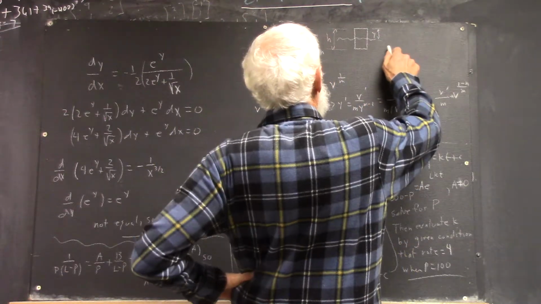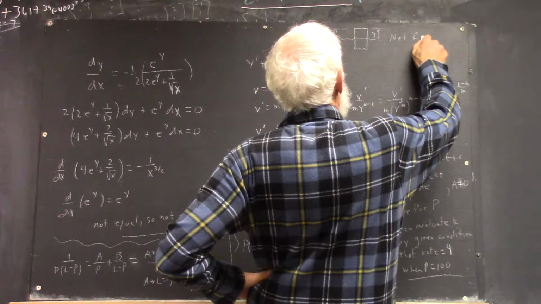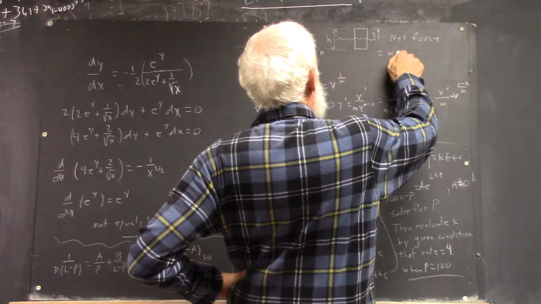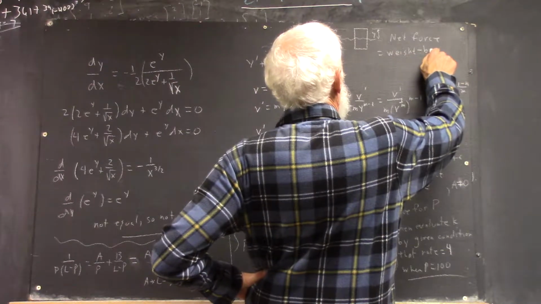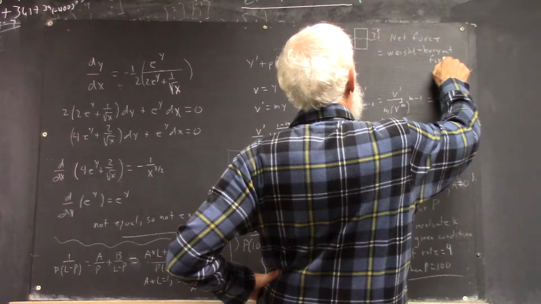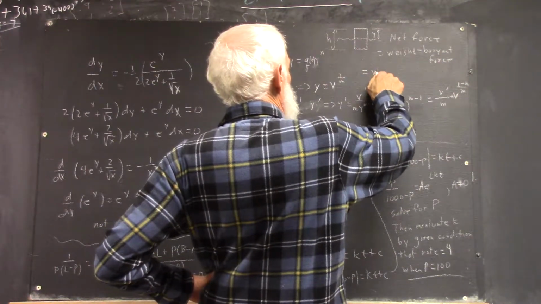You get the net force on this thing equals the weight minus the buoyant force, and we'll say that's W.